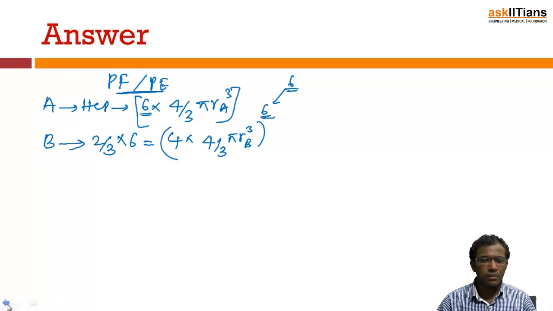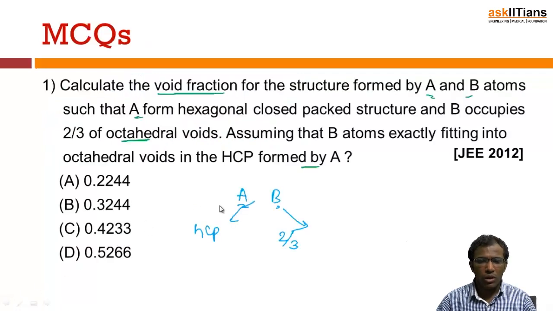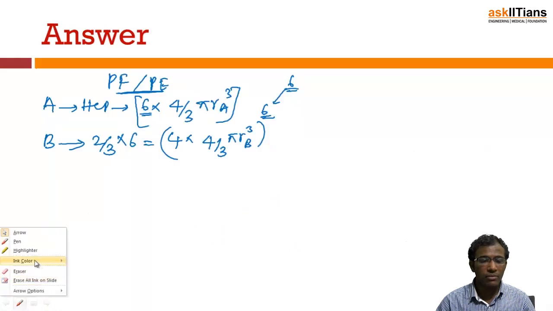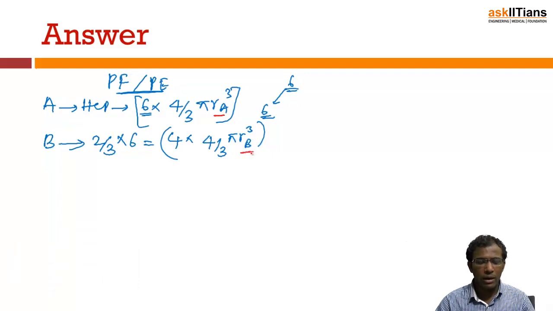And the next thing we need to do is use the statement that B atoms exactly fit into the octahedral voids. B atoms are exactly filling the octahedral voids, and that is given in order to relate RA and RB. So here B atoms are exactly fitting into the octahedral voids formed by A. That means RB by RA should be equal to 0.414.